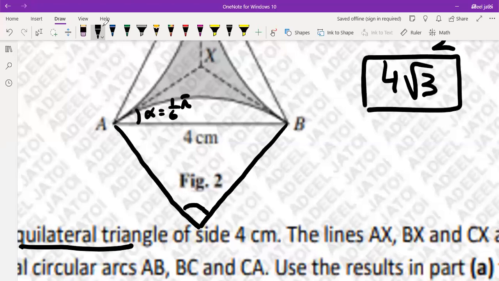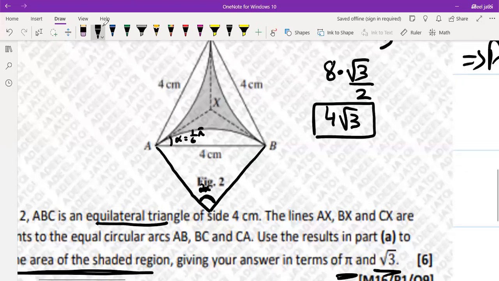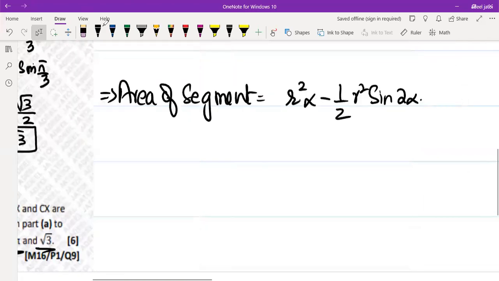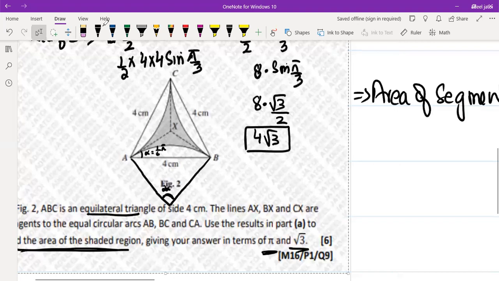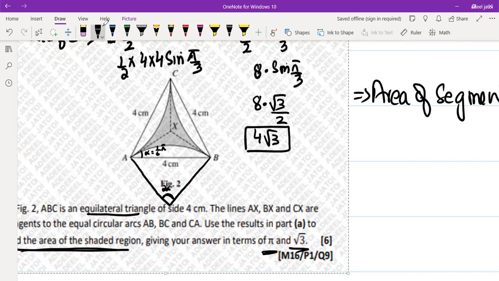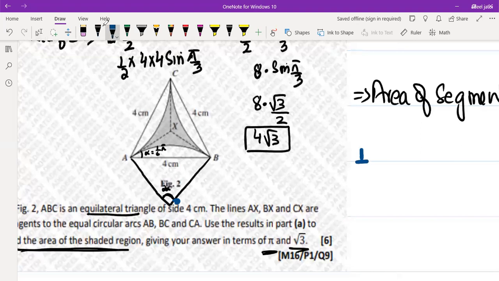And this was 2 alpha. So directly keeping down alpha, we need to find out the radius as well. Considering this is alpha, 2 alpha, this is pi upon 6, and this is 90 degrees. So this angle is 1 upon 2 pi minus 1 upon 6 pi.